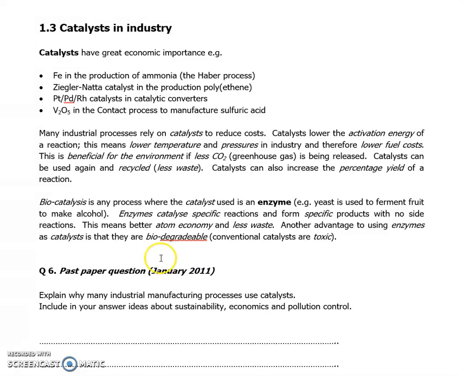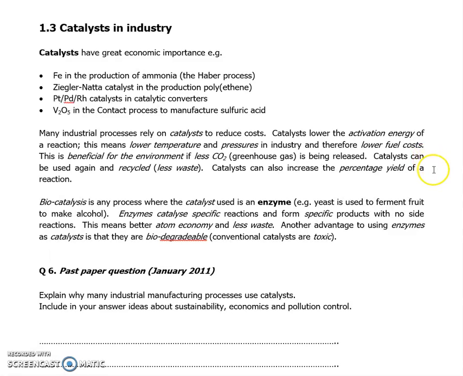So, catalysts in industry are very important. Many processes rely on them to reduce the costs, and also to make processes more environmentally friendly. Mainly, catalysts allow reactions to occur at lower temperatures and pressures, and therefore there are lower fuel or lower electricity costs.